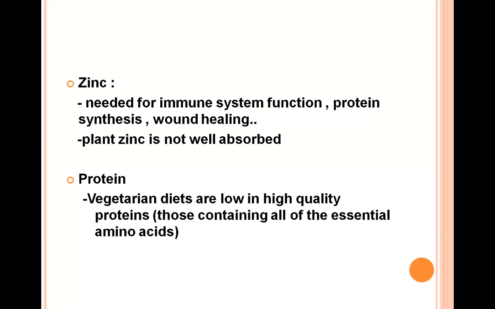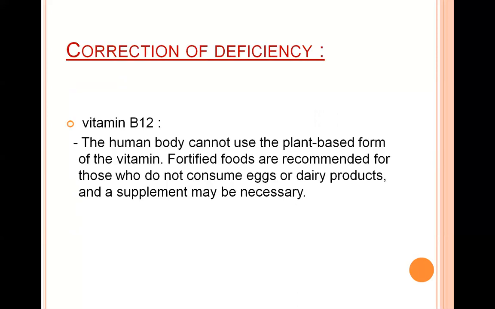Plant zinc is not well absorbed. What about protein? Vegetarian diets are low in high quality proteins, meaning those containing all the essential amino acids. Please repeat to yourself what essential amino acids are, for your general development. Okay, what about correction? Let's begin.